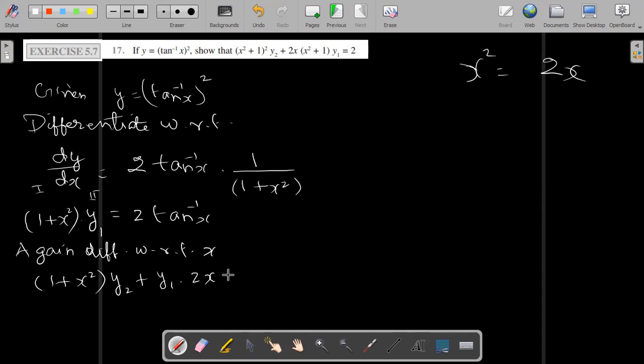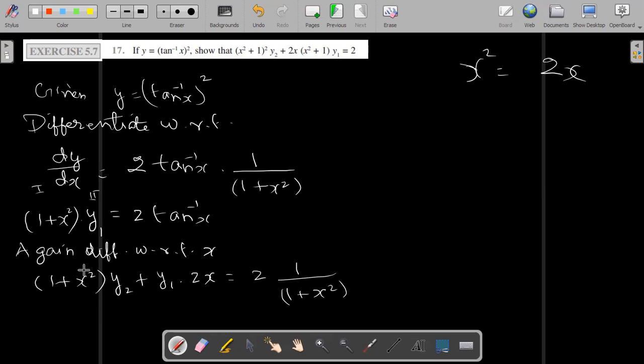And again, 2 times the differential of tan inverse x, which is 1 upon 1 plus x square, and this 2 we have to bring to the left hand side. Now again this will be multiplied, we get the result.